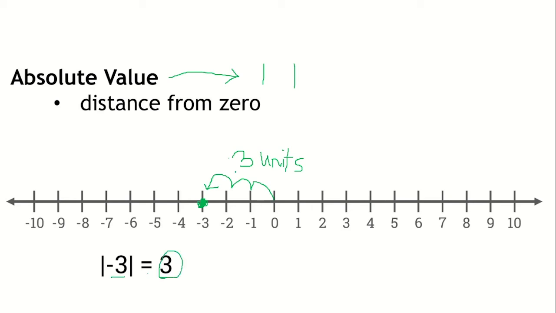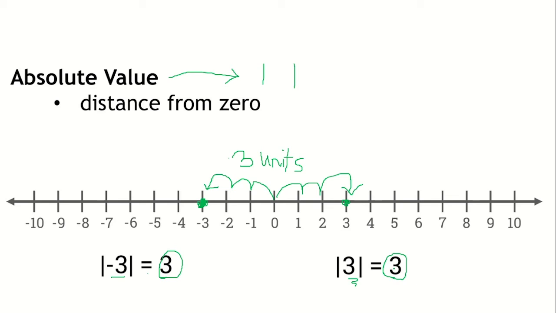It's 3 because that's the distance of negative 3 from 0. And if we try to get the absolute value of 3, 3 is here. That's 1, 2, 3. That's 3 units as well. So the absolute value of 3 is also 3.